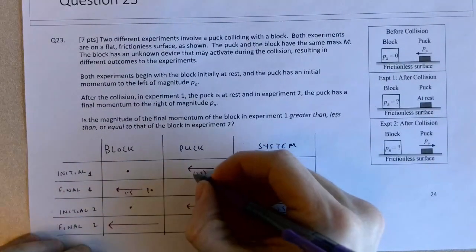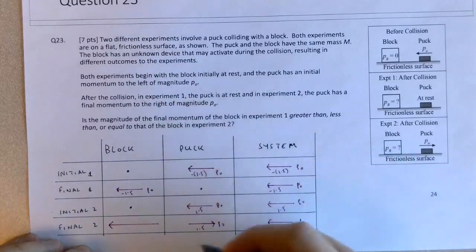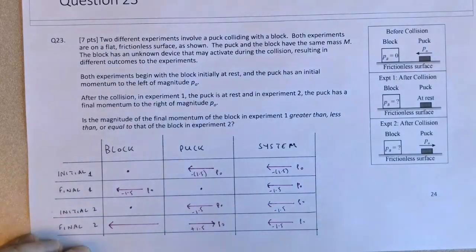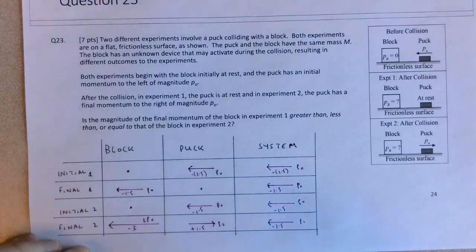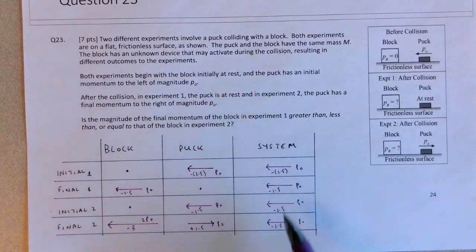So maybe I should label these as negative. This is negative, this is negative, and this is plus. So if we have negative 3, this would be 2p0. These are magnitudes, so that the momentum of the system remains always p0 to the left.